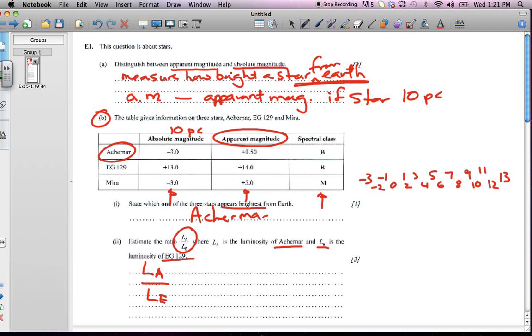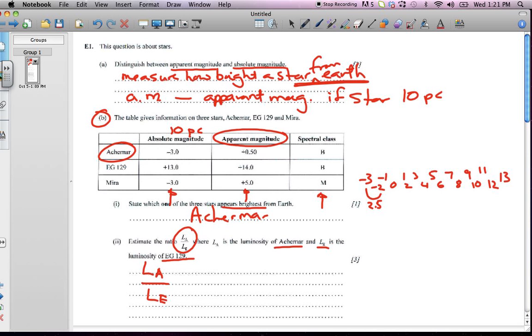Now the factor change between each one as you go from here is 2.5.